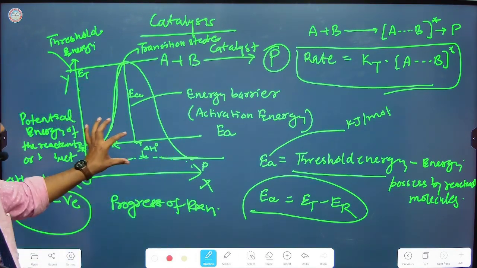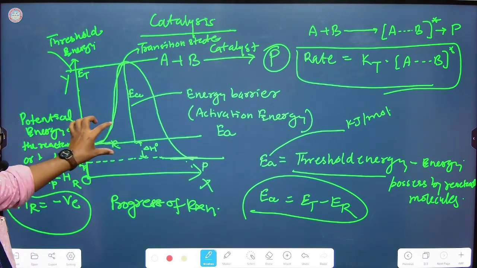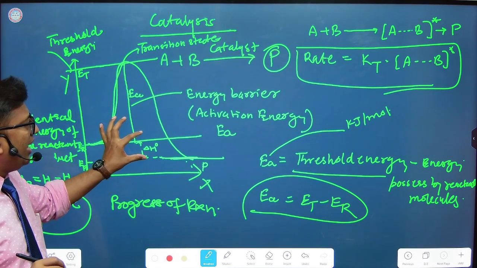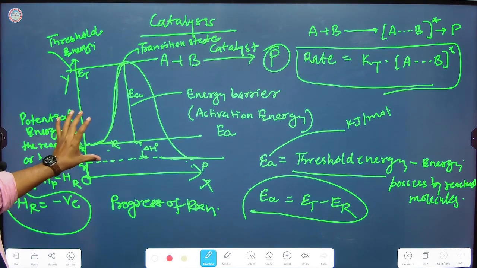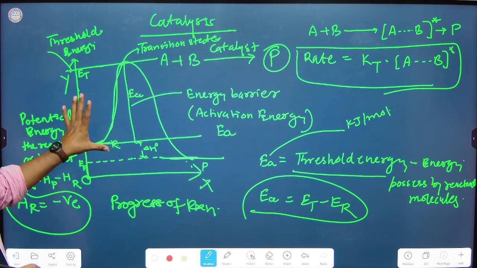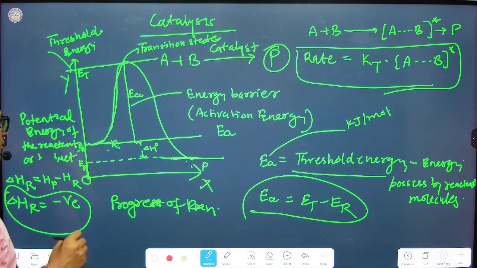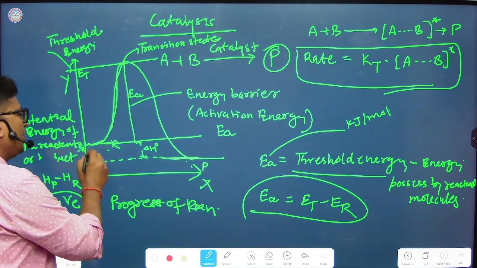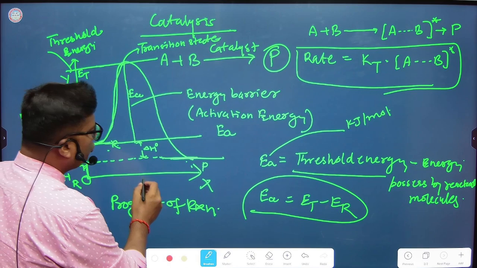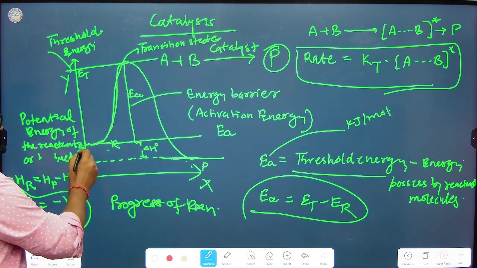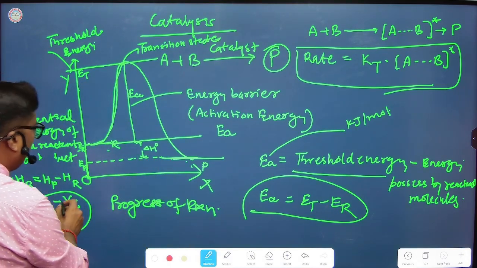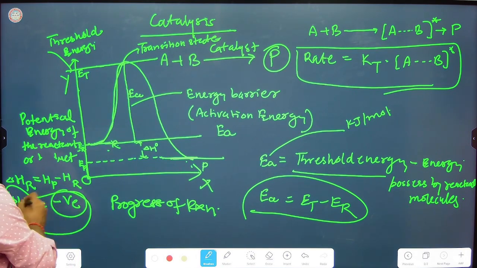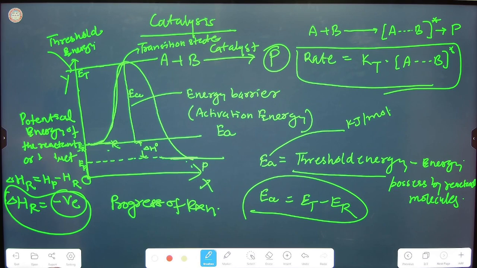So depending on the amount and sign of this particular delta H, we can define a reaction as either endothermic or exothermic. So here the energy of the product is lower compared to the energy of the reactants. So ultimately products minus reactants will give negative. So this is an exothermic reaction.